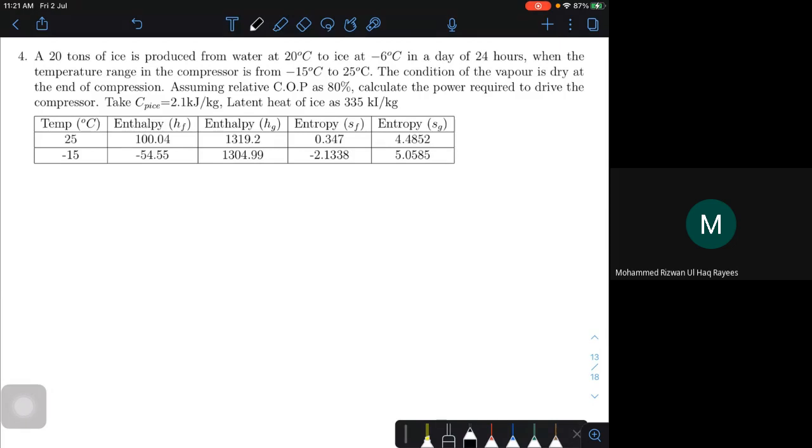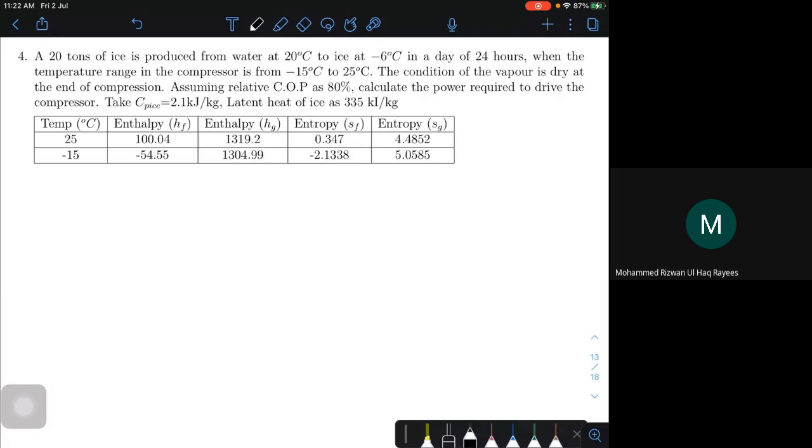Now one table is given. At 25 degrees we have all the values: enthalpy of liquid, enthalpy of vapor, entropy of liquid, entropy of vapor. Then at minus 15 degrees Celsius we have the same. You can see the entropy of liquid and enthalpy of liquid are negative, so you have to be a bit careful.